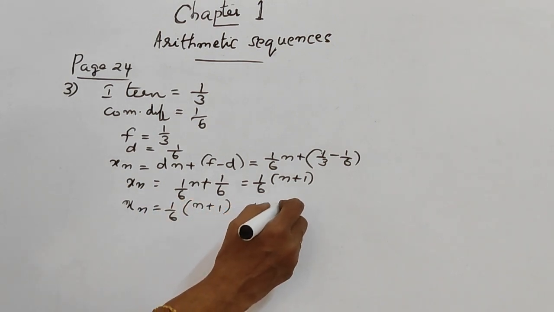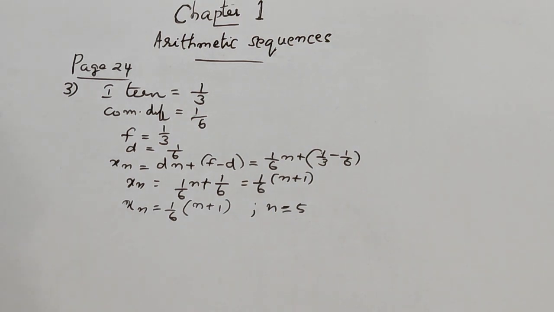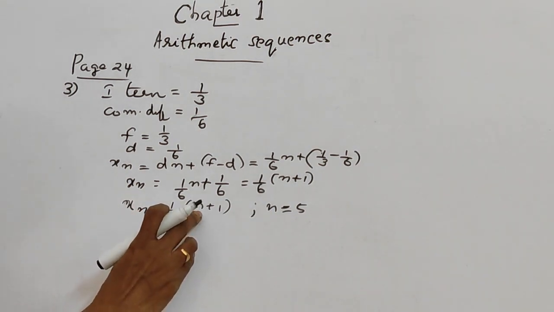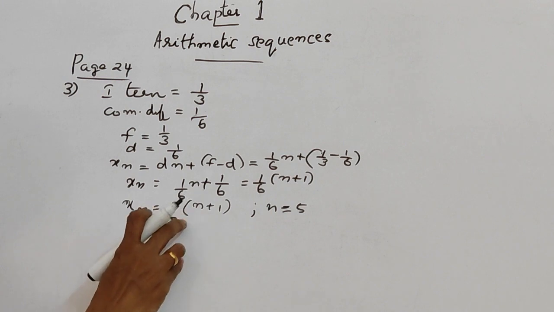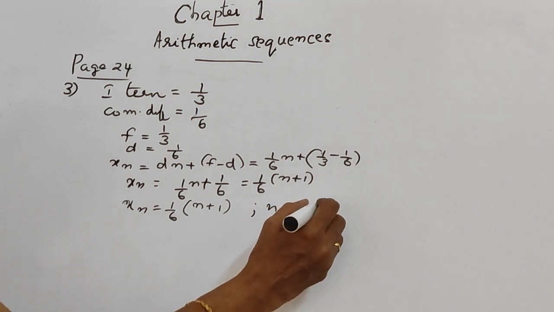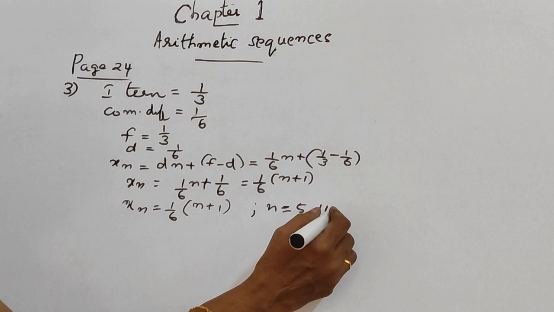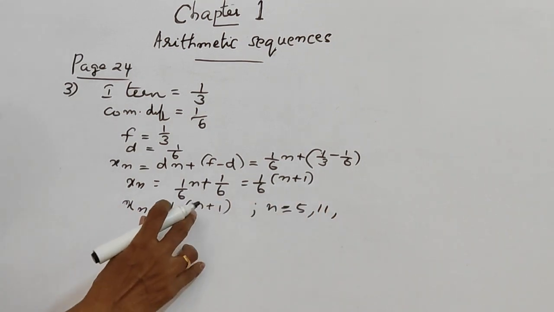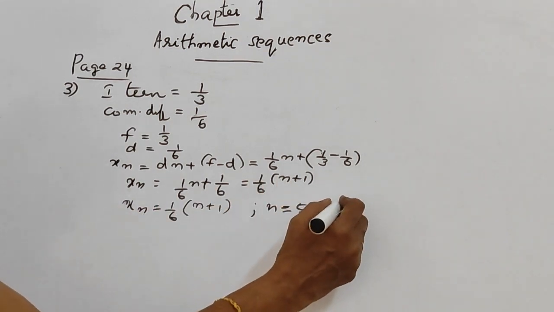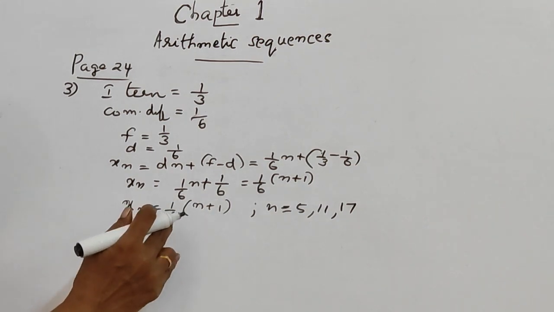First we are giving n is equal to 5. Now, next number to be given. See, in order to divide by 6, you have to give n is equal to 11. 11 plus 1, 12. 12 by 6 is 2. We get another natural number. Now we have to give n is equal to 17. 17 plus 1, 18. 18 by 6 is 3.